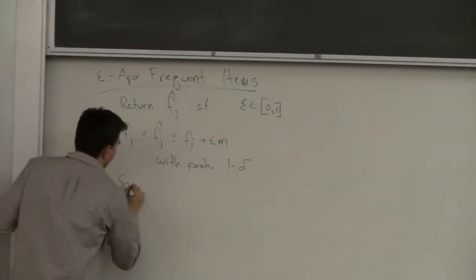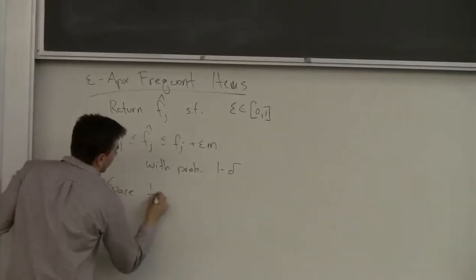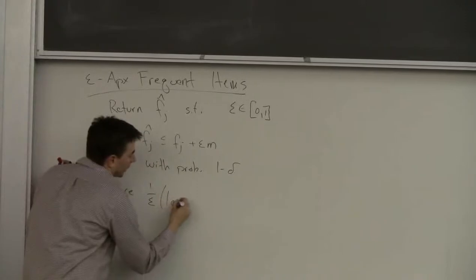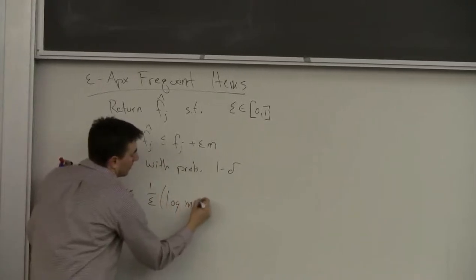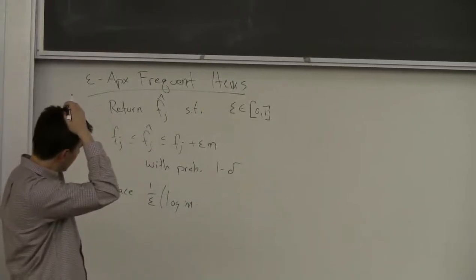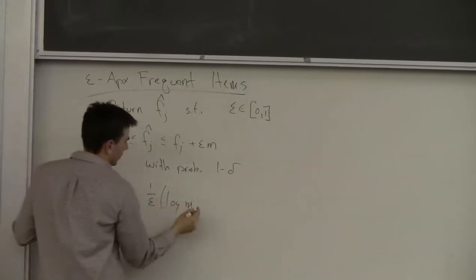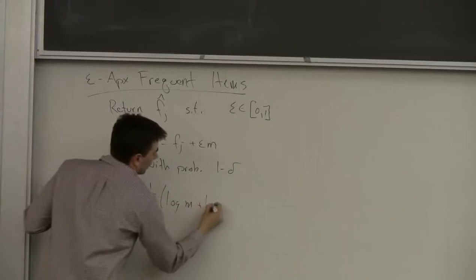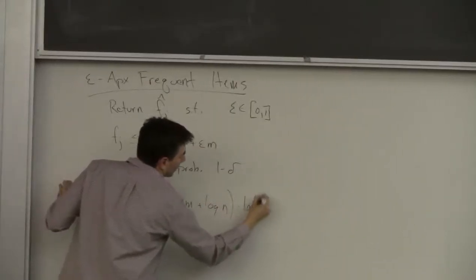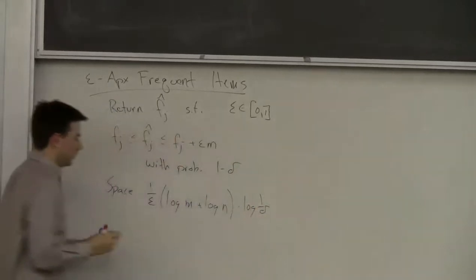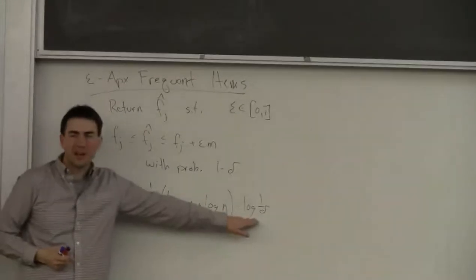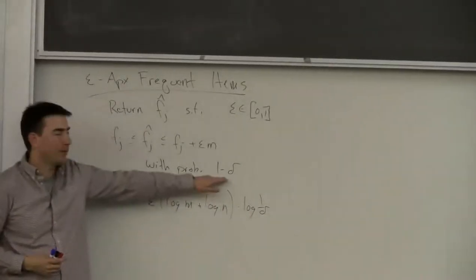My space is going to be 1 over epsilon, which was my k, times log m, log n, times log 1 over delta. So now I have a little bit more space. I have a randomized algorithm and I have this log 1 over delta. I have a probability of failure.